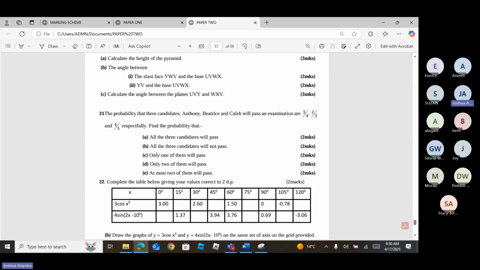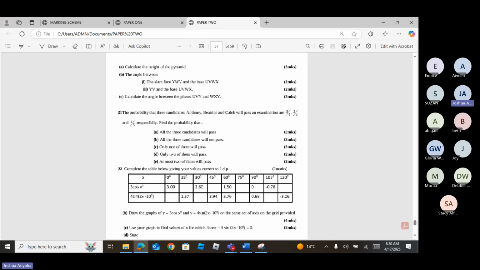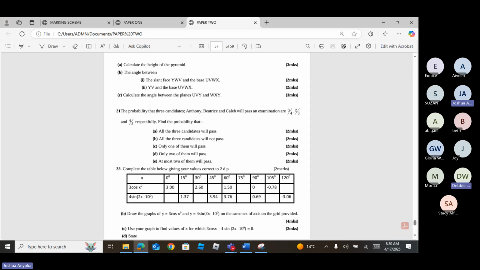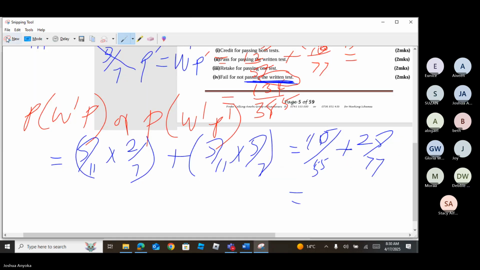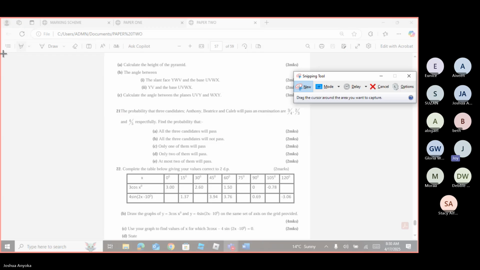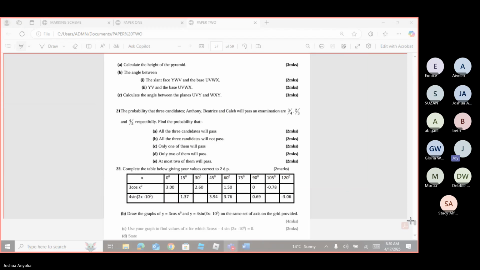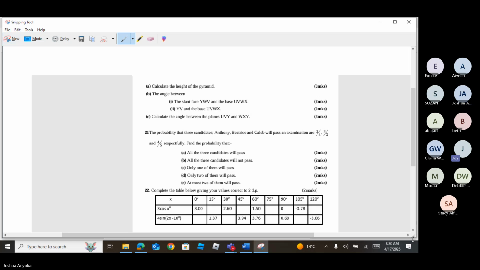Joy, read for us question 21. The probability that three candidates, Anthony, Beatrice, and Caleb, will pass an examination are 3 over 4, 2 over 3, and 4 over 5 respectively.